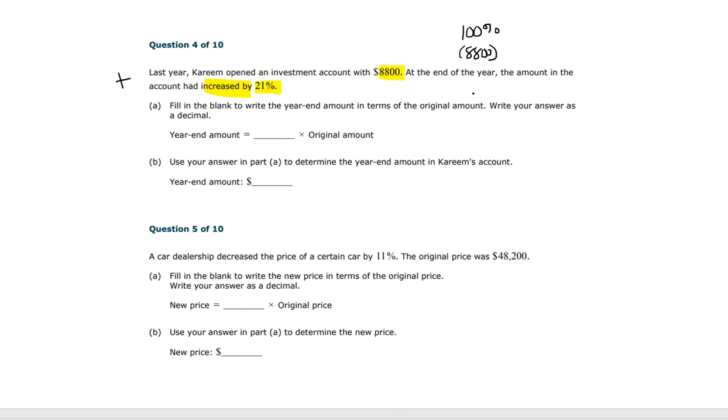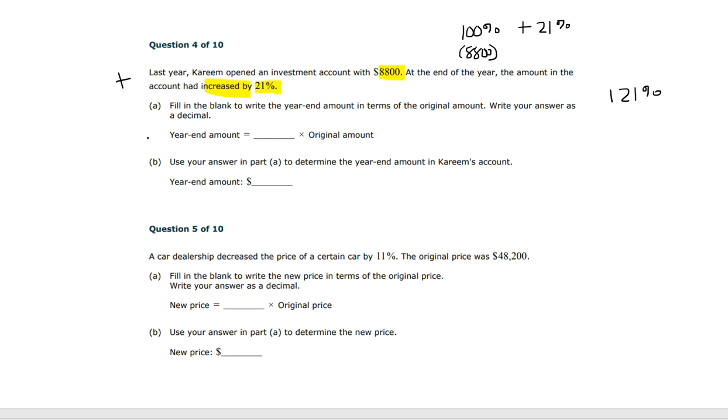At the end of the year, the amount in the account had increased by 21%. So besides the $8,800, there's also going to be an additional amount in the account. There's going to be 21% of $8,800. So if we take 100% and we add 21%, that gives us 121%.